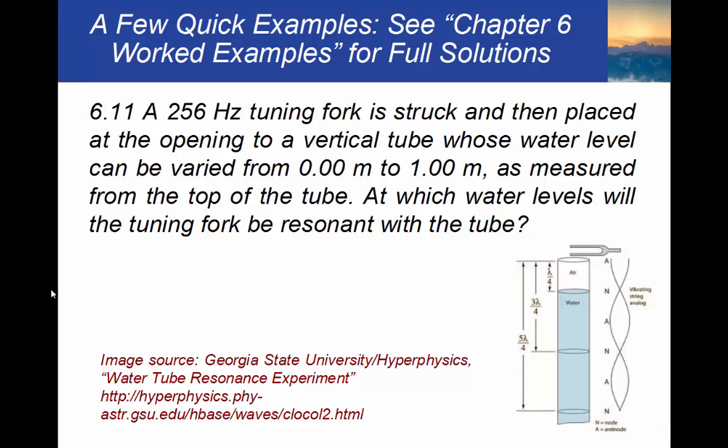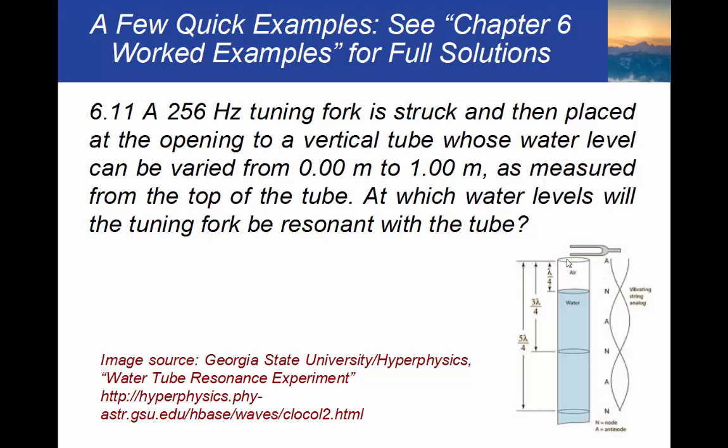Our next example has to do with resonances. So the 11th example for chapter 6: we take a 256 Hertz tuning fork, we strike it, and we place it at the opening of a vertical tube whose water level can be varied from 0 meters to 1 meter, as measured from the top of the tube.